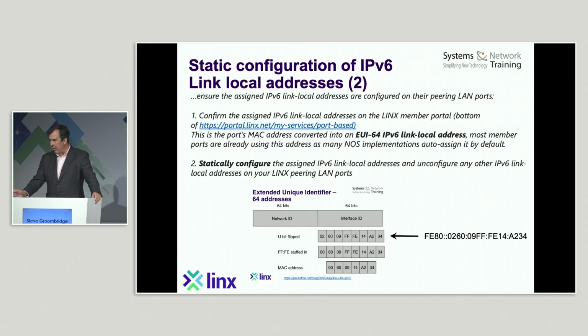The problem with this is a MAC address is 48 bits. The 64 bits for the interface ID is too big, so what do we do? We just stick an FE in the middle of the MAC address, and lo and behold, that's how we get an EUI-64 IP version 6 link local address, with one extra step, which is the U bit needs to be flipped.